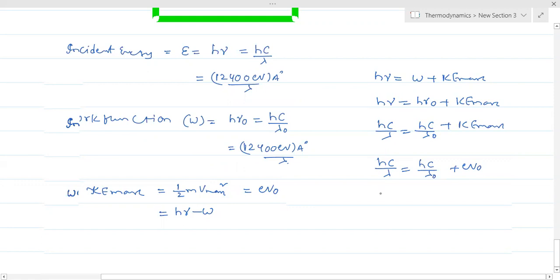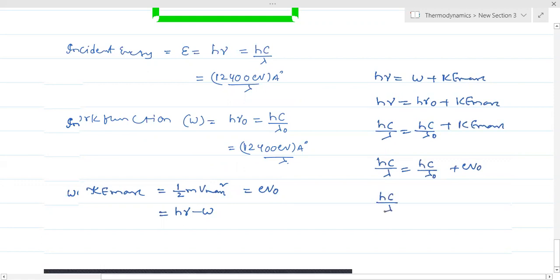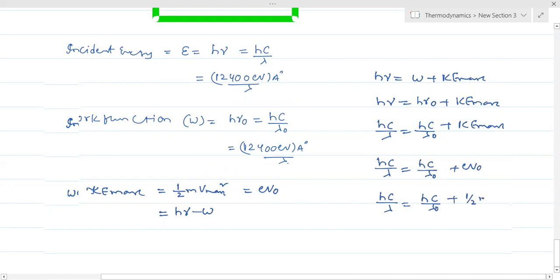Or, instead of Ke maximum, we will write half m v maximum square. Now we will analyze the graph.